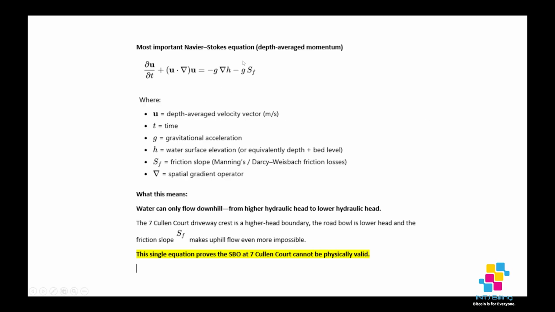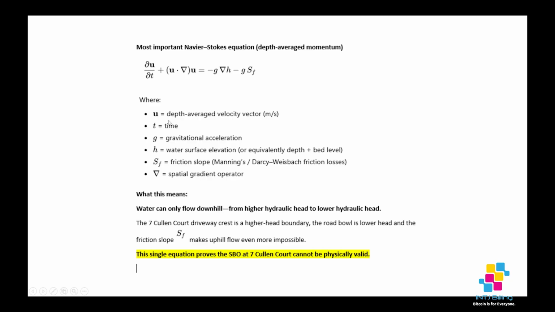So here's our formula, Navier-Stokes equation, depth averaged momentum formula. What this says is partial U, partial T, plus U dot del U equals minus G del H minus G S_f.